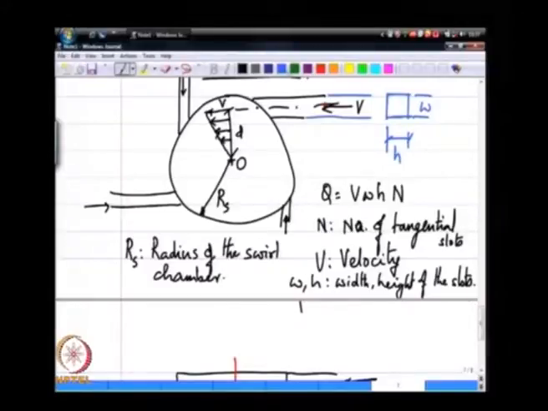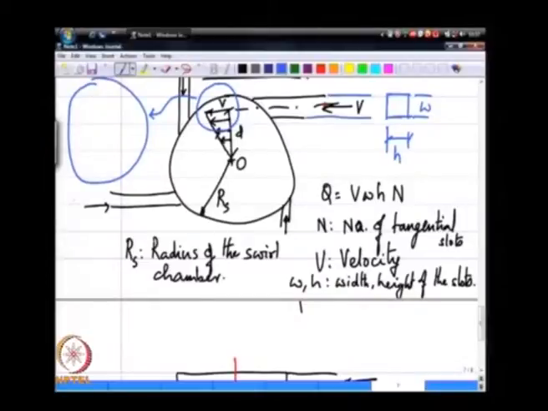Okay. Now, if I look at what is happening outside here and if I draw a zoomed out picture, past this point you essentially have to go all the way to the wall.